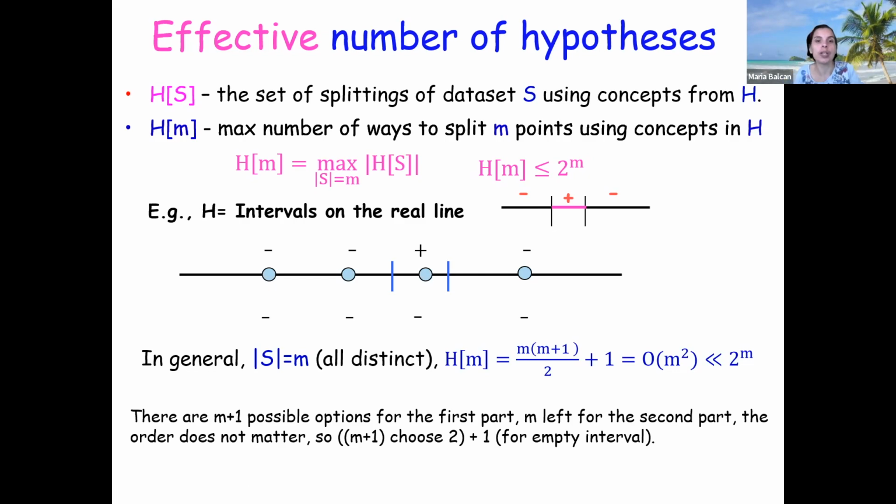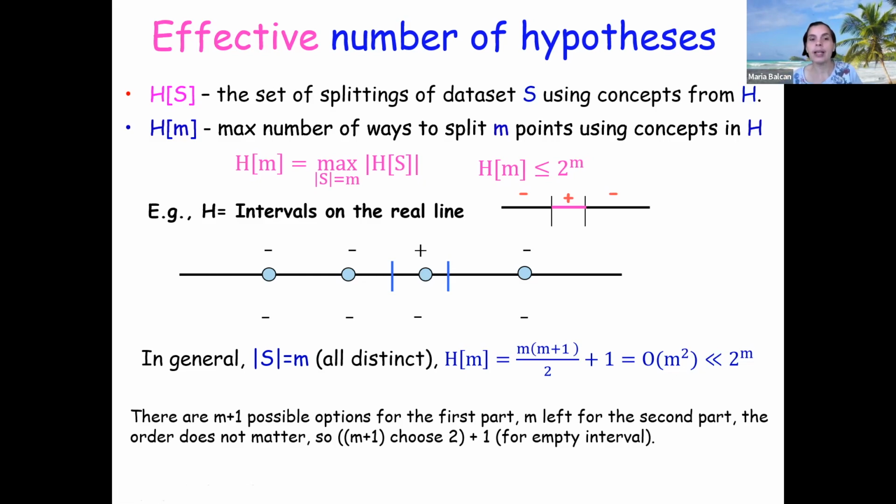The order doesn't matter, so I get, roughly speaking, M plus 1 choose 2 possible labelings where at least one point is positive. Then I get plus 1 for the all-negative labeling, which I obtain by picking both endpoints in the same part, giving the empty interval.